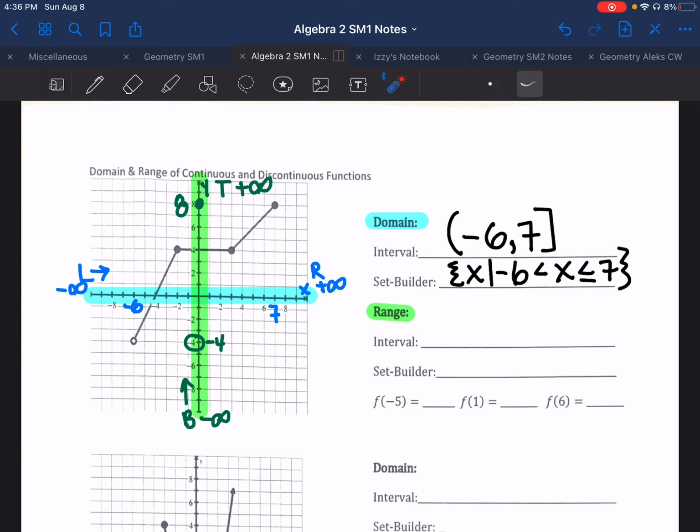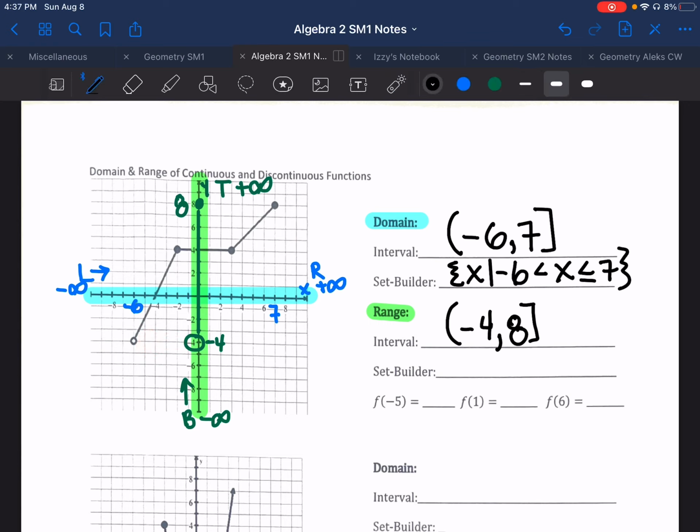What my graph is going to do is go in between these two numbers. So from the bottom, -4, comma, to the top, 8. The 4 is open, so parentheses. The 8 is closed, so bracket, right? And I'm getting that from this point that I squeezed over and this point that I squeezed over. That's all I'm getting it from.